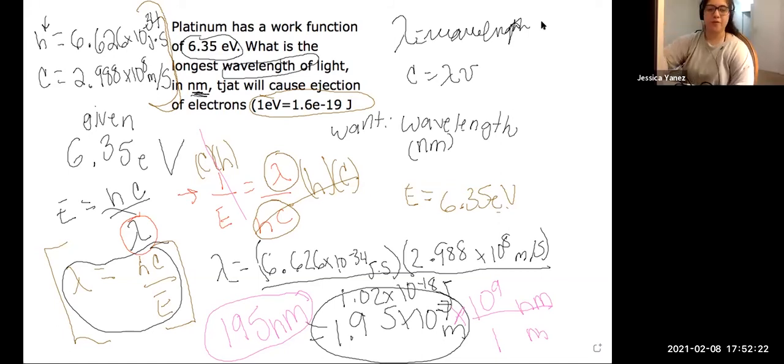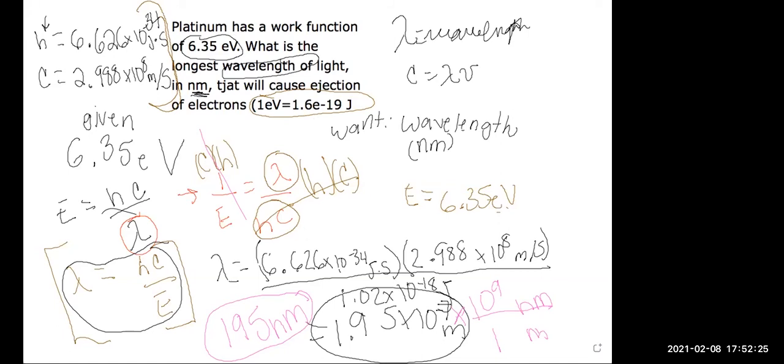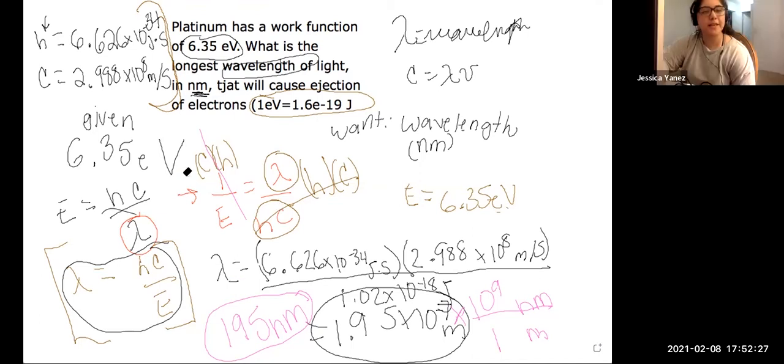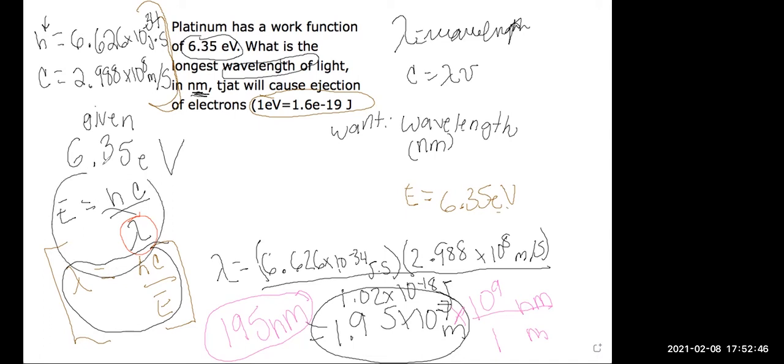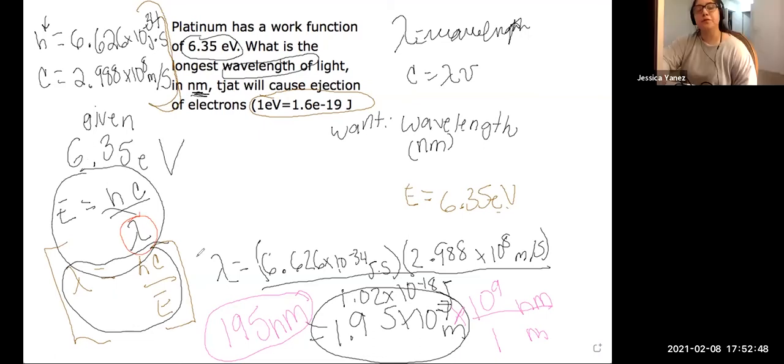Okay, so the reason I do this is, before we plug anything in, I like to manipulate the equations, so that at the end I just plug everything into the equation. The original equation that we started off with was this one, right? And then from there, we know we're going to use that equation, but we have to find wavelength, and our wavelength is right here.